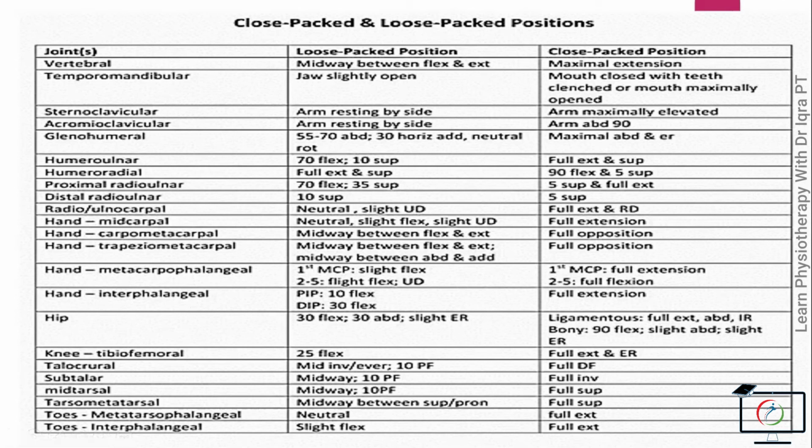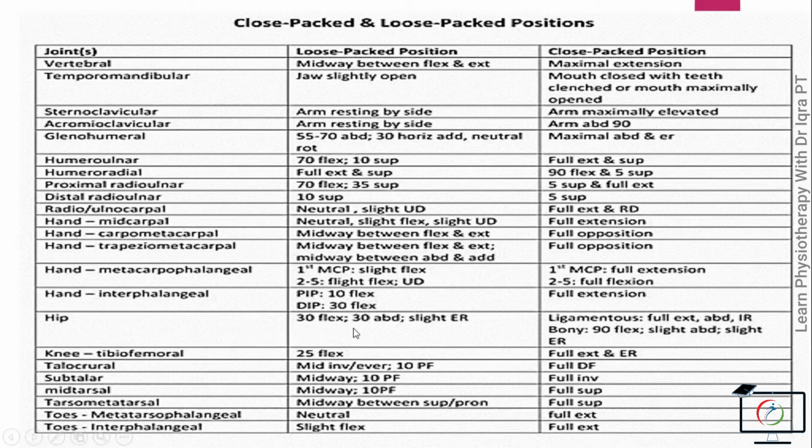In the interphalangeal joint, the proximal interphalangeal joint are loosely packed at 10 degree of flexion, while the distal interphalangeal joint are loosely packed at 30 degree of flexion, and both are closed packed at full extension.